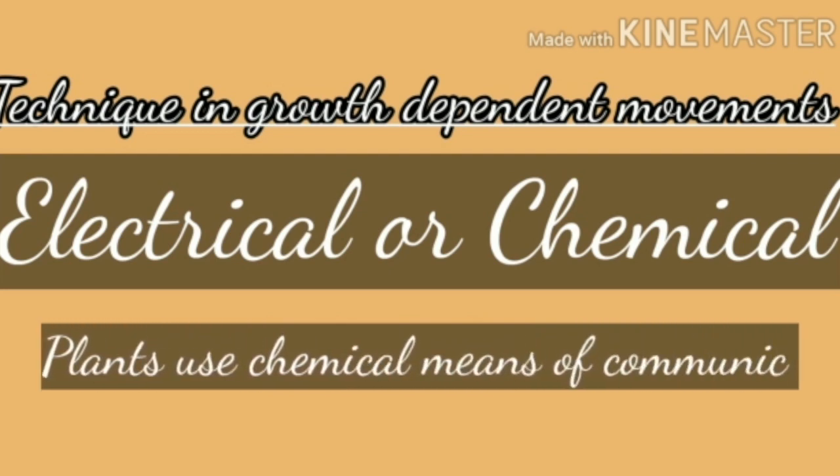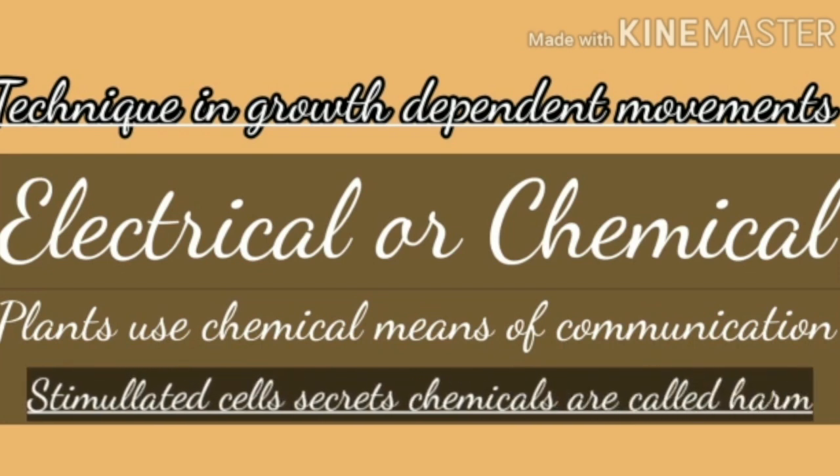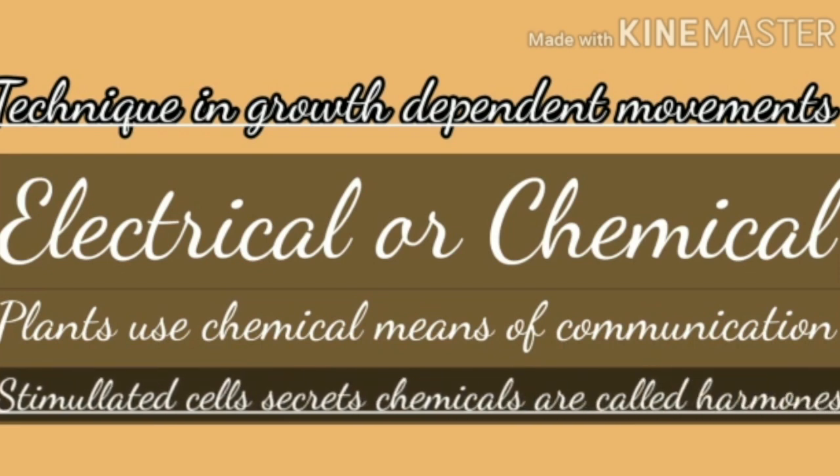This chemical means is slow, but chemicals reach up to each cell, as opposed to electrical signals which reach only up to the cells which are connected by nervous tissue. In chemical communication, stimulated cells secrete chemicals and the chemicals are transmitted to all parts of the body.